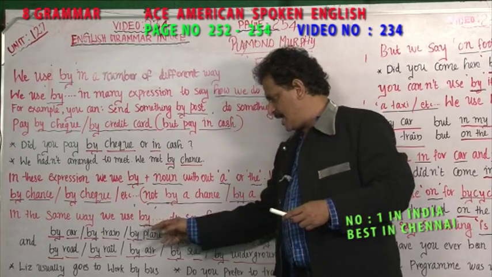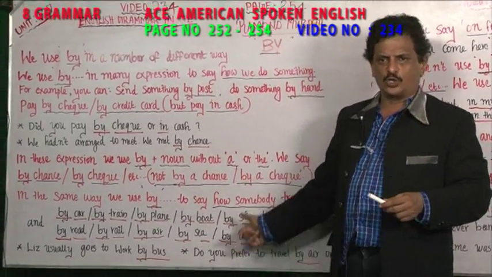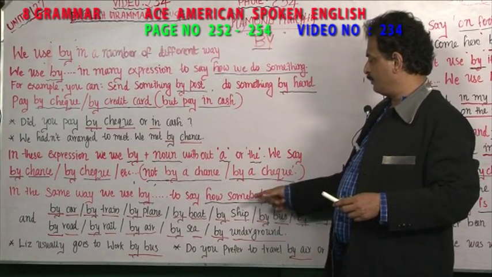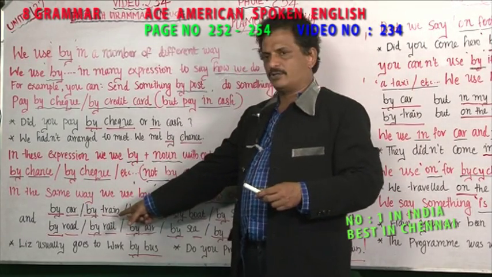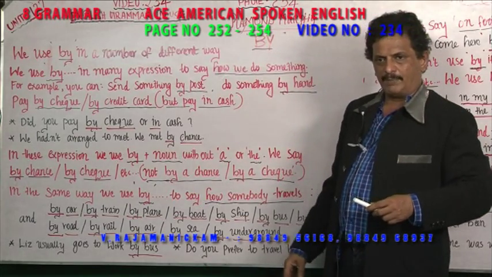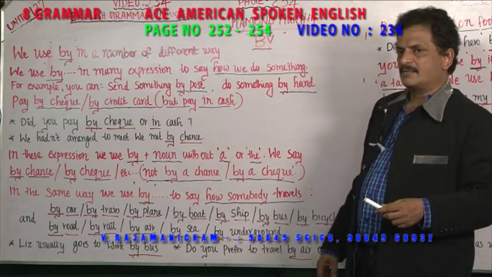In the same way, we say 'by' to say how somebody travels. எப்படி ஒருவர் பயணம் செய்கிறார் என்று சொல்கிற பொழுது, by plus travel. By car, நான் கார்ல வந்தேன். By train, ட்ரெயினிலே வந்தேன். By plane, ஏரோப்ளேனிலே வந்தேன். By boat, கப்பல் படகுகளிலே வந்தேன். By ship, கப்பலிலே வந்தேன். By bus, பஸ் மூலமாக.